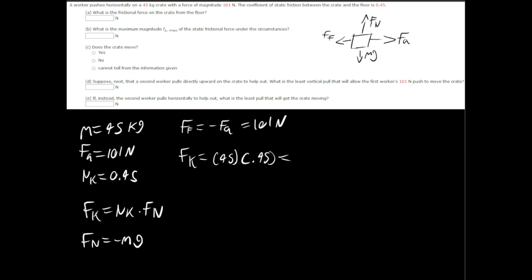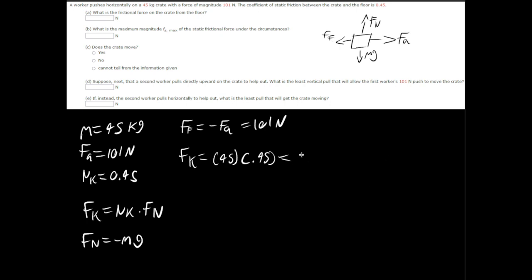Let's see. Oh, that's mass. Sorry. Mg is mass times gravity, so 45 times 9.8 times 0.45. Here we go.